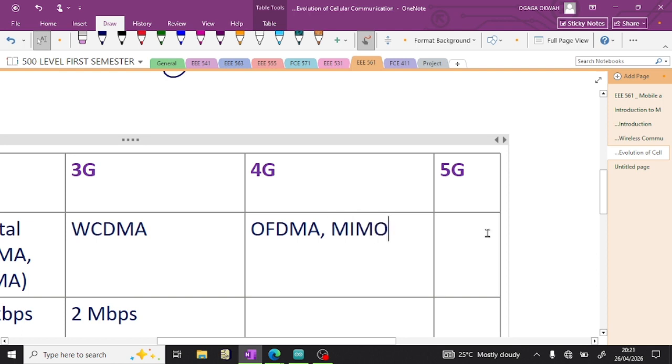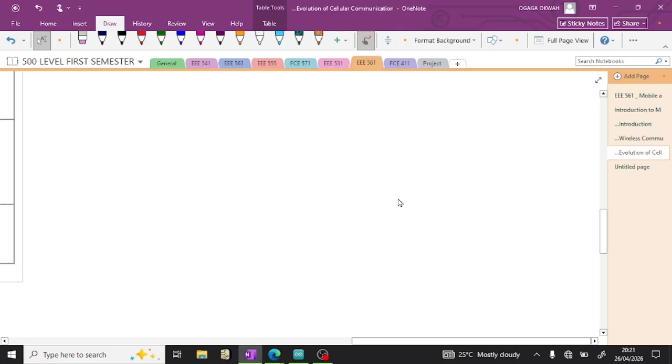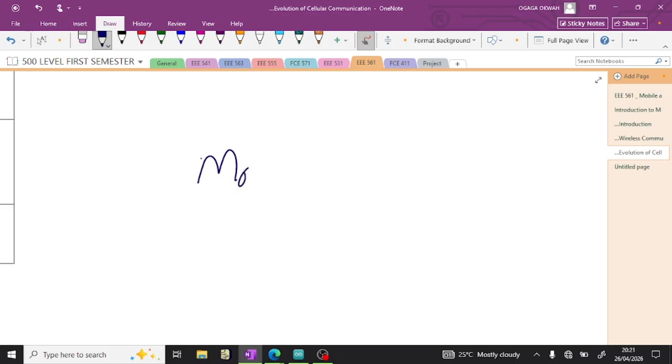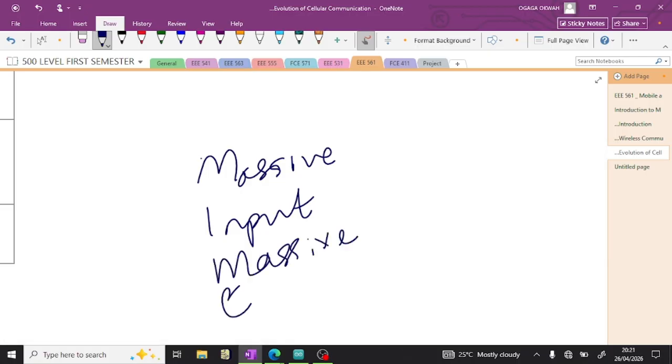And one other thing used is MIMO. MIMO is massive inputs, massive outputs.